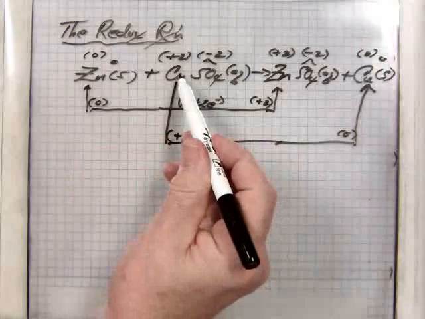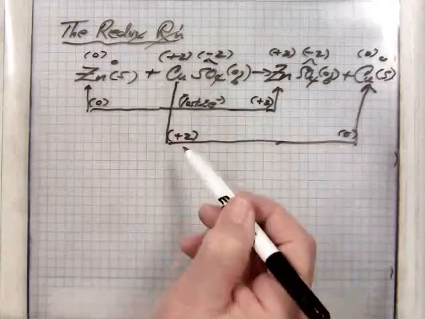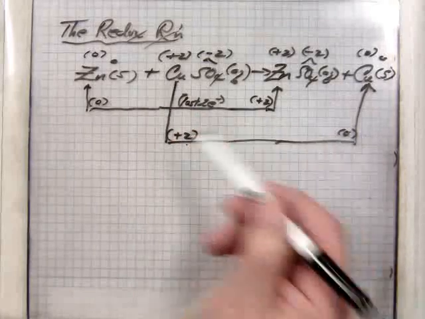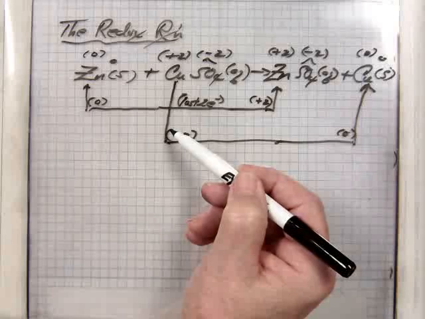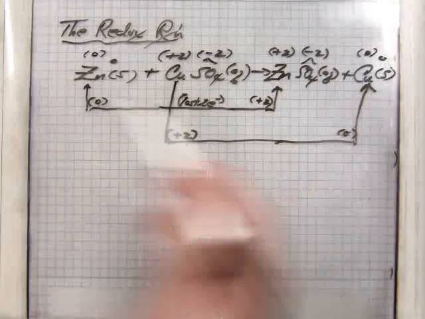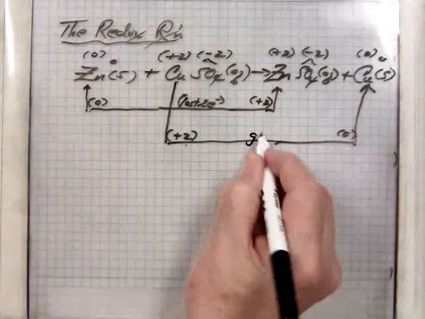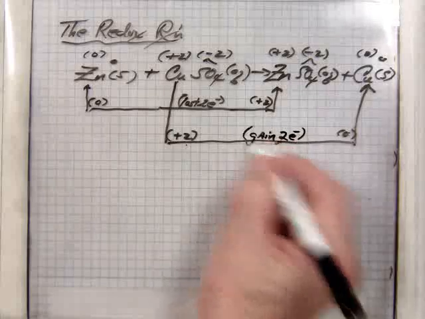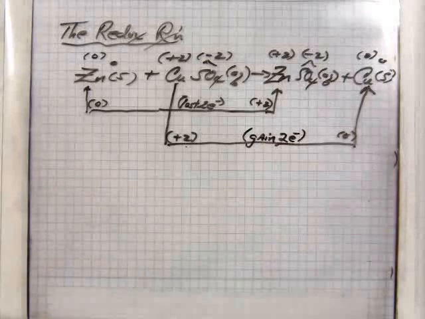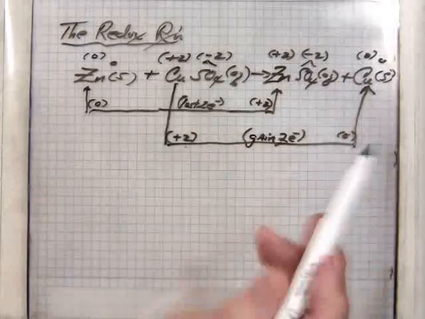Then you look at the copper, and +2 goes to 0, which is neutral. Something neutralizes those 2 plus charges. So what neutralizes those 2 is the gain of 2 electrons. Electrons are negatively charged, and so we make a note: gain 2 electrons. Well, that's pretty straightforward. Now, the reaction in itself is balanced.